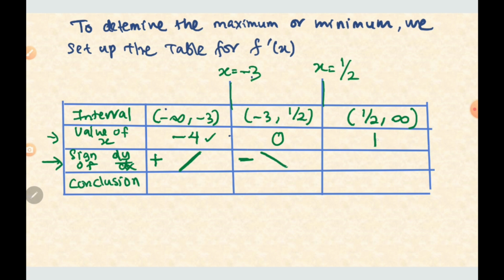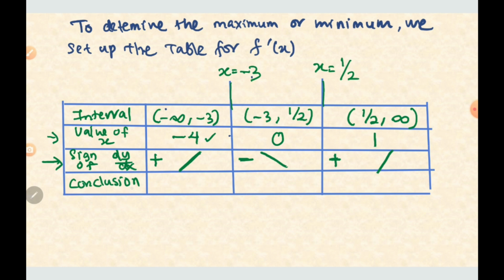And when you substitute 1, dy dx is positive. You just write positive, negative and positive. You don't have to write the actual value here. And the sign for dy dx positive, and the slope is going to look like this.